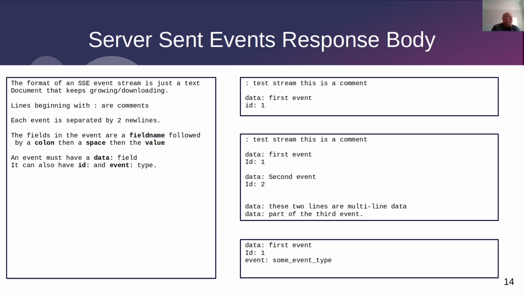and you can define your own types as per the requirements of your application. So looking at the 3 examples I have here, there's a comment, test stream. This is a comment. You've got data, first event with an ID, and then the second example has a comment followed by 2 events, and then followed by a third event which has a 2-line multi-line event, so you can have multiple lines of data in the event, and the third one shows an event type.